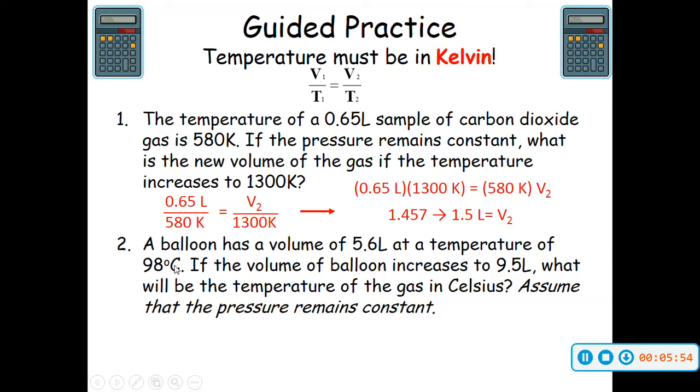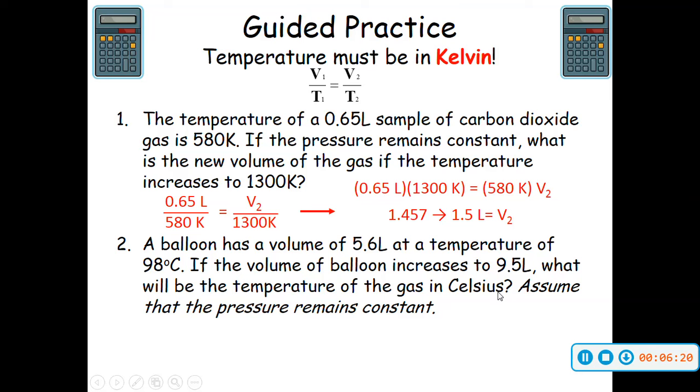If we identify our variables, we are given 5.6 liters, our initial volume. We're also given 98 degrees Celsius, but we don't use that, so we have to convert it to Kelvin. And then we have 9.5 liters, that's our V2, and it's asking for our temperature in Celsius.